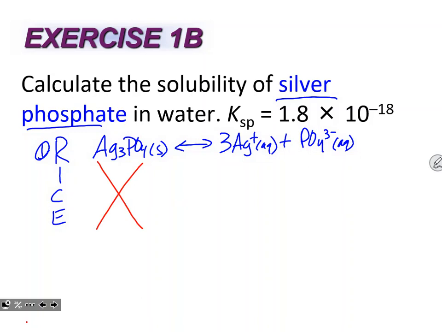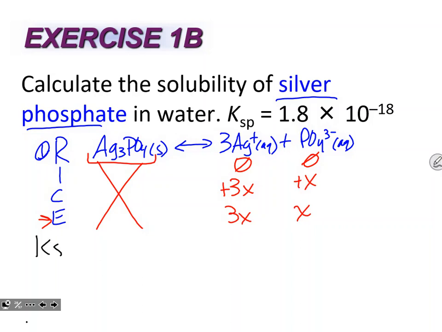Solid's not going to be in the K expression because we're really looking at this one to put in our K expression, the E. Starting out with nothing, we're dumping it into a beaker of water, so nothing's dissolved yet. But once it does its dissolution, you're going to have 3 times of the silver dissolving, because every time this formula unit breaks apart, 3 of the silver are going to dump in there. And 1 of the phosphate will dump in there. So we get our 3x and our x here.